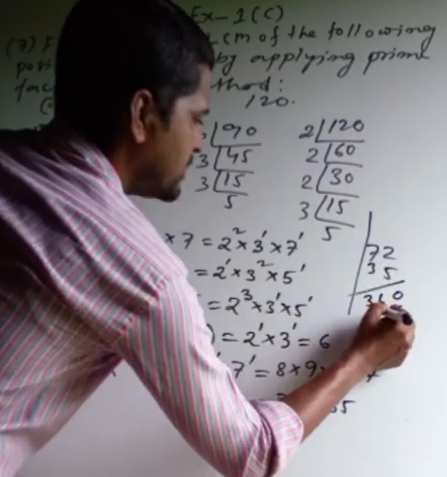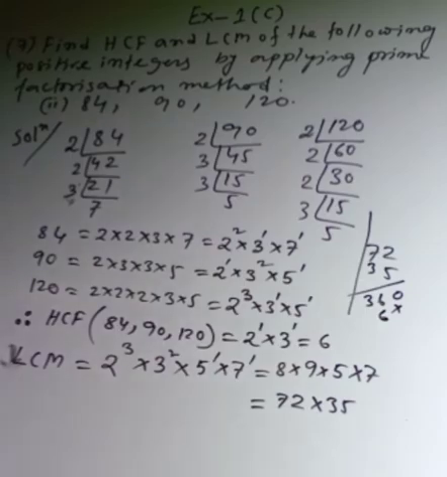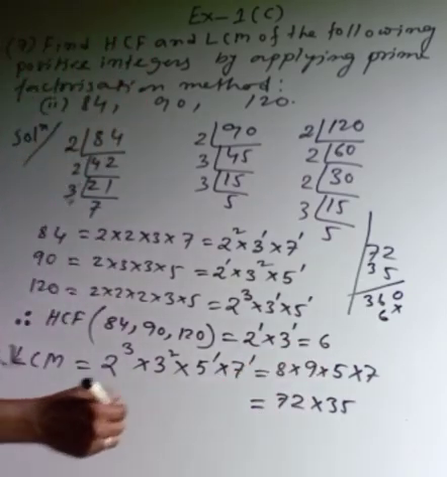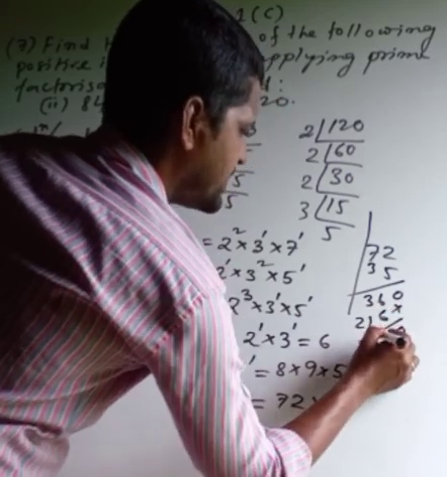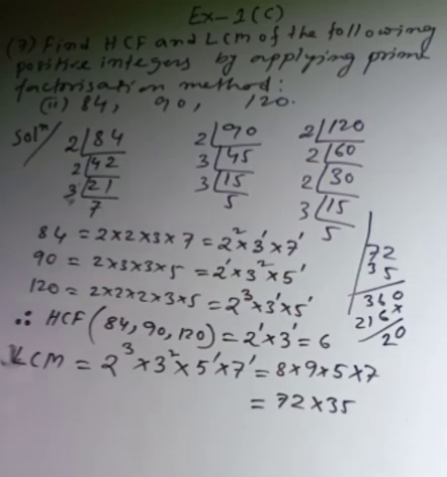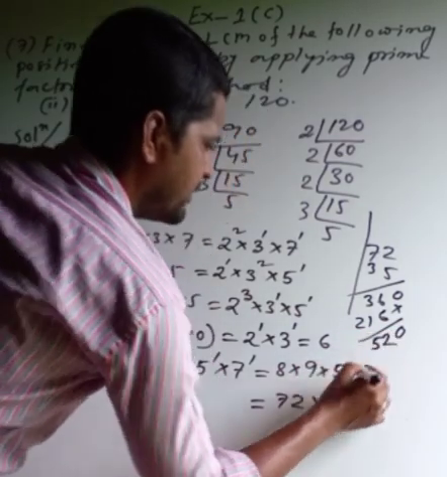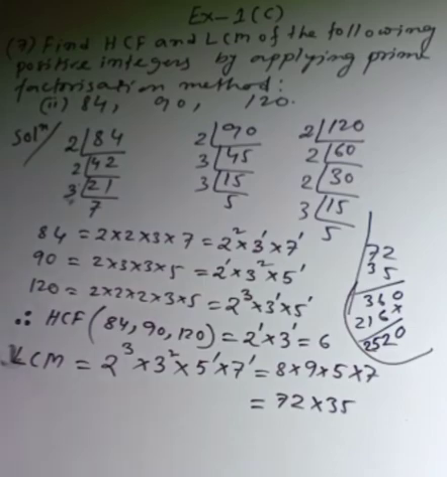Then 3 into 2, 6. Then 3 into 7, 21. Now 0; 6 plus 6, 12, write 2 and carry 1. 3 plus 1, 4, plus 1, 5. 2 is 2. It means 2520.